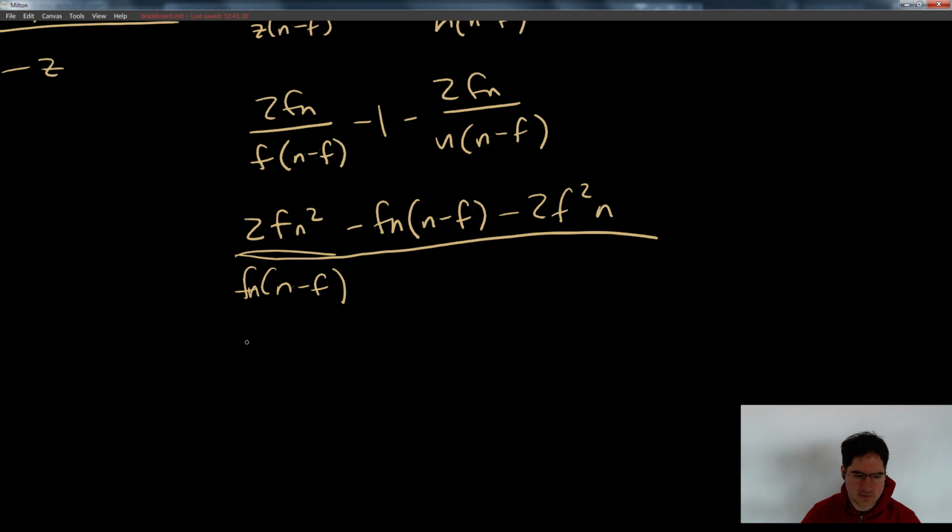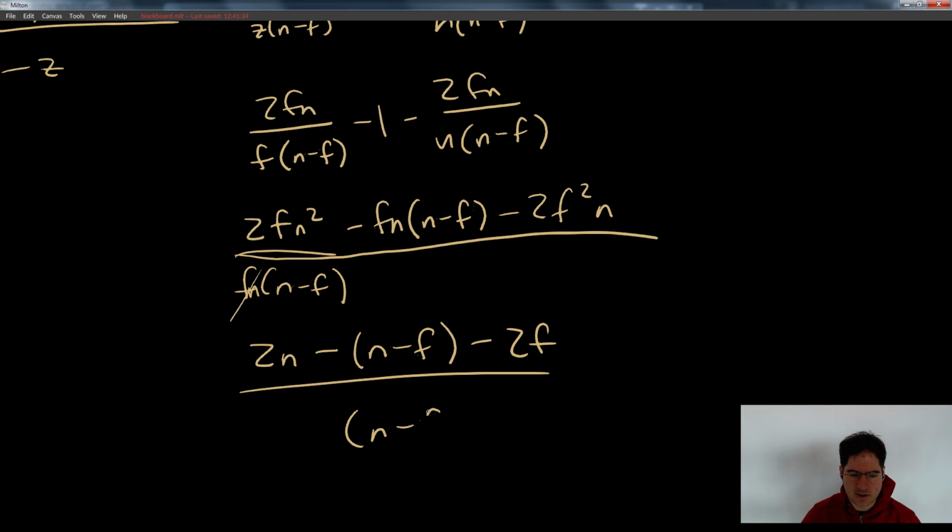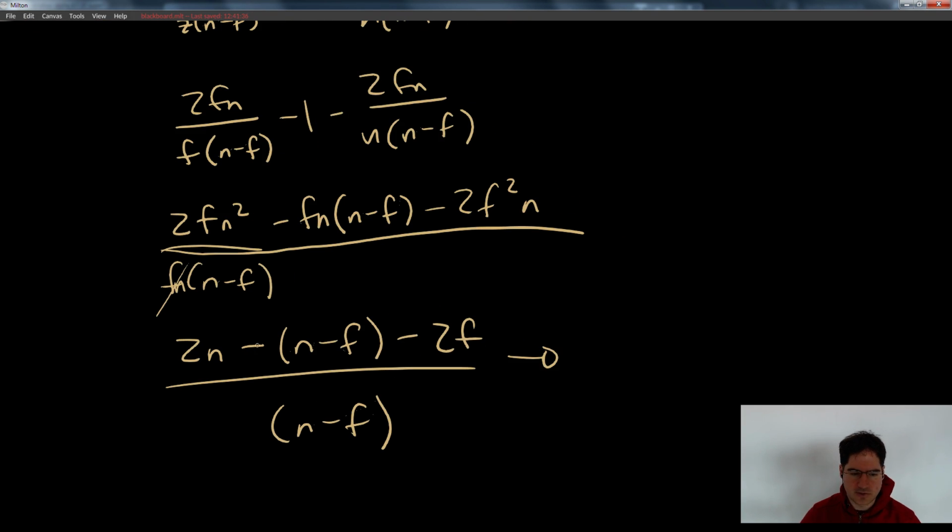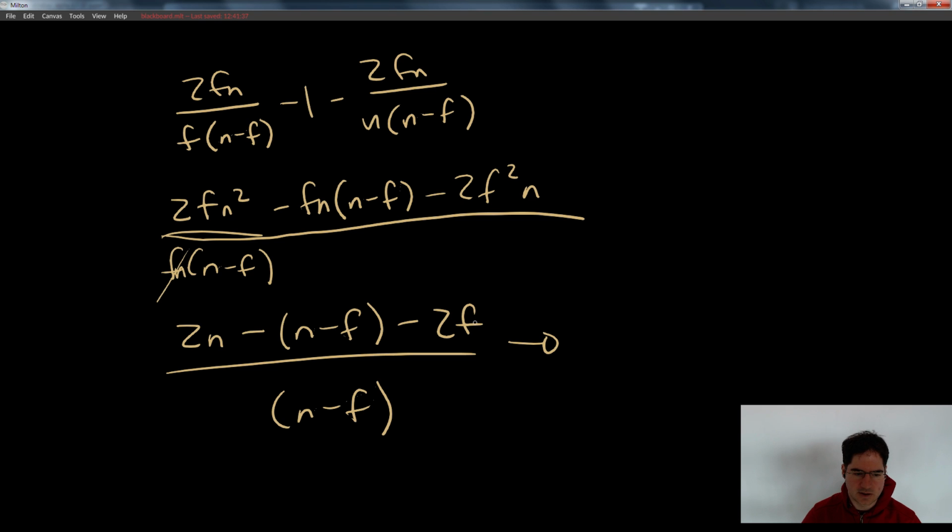If we do that cancellation, we just get 2n minus n minus f, right? I'm just canceling this term here. Minus 2f over n minus f. If we look at what that becomes when I simplify this by pulling out the 2, I get negative n minus f.